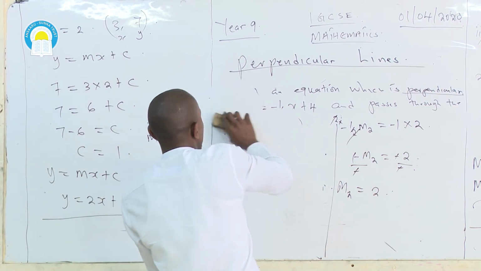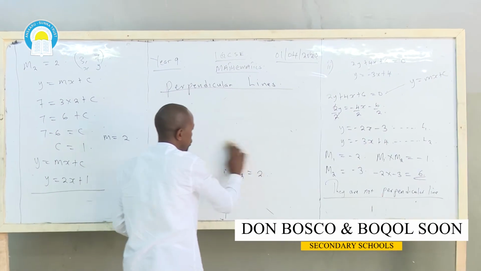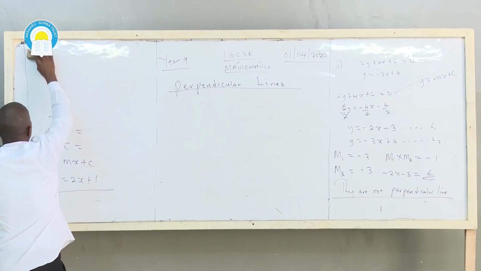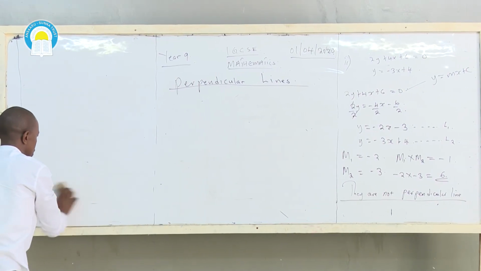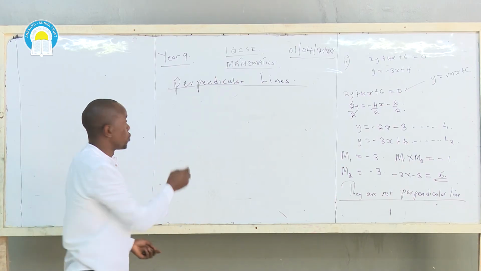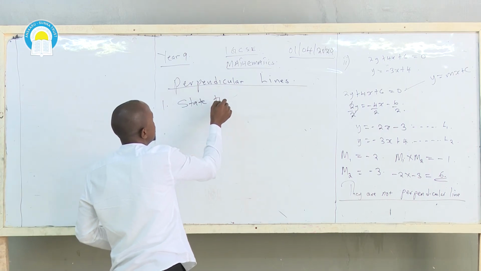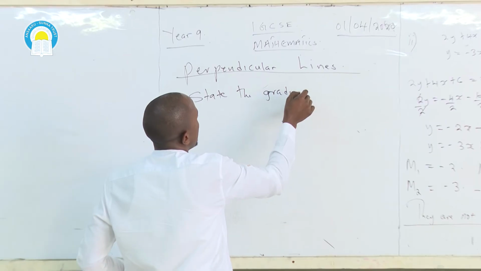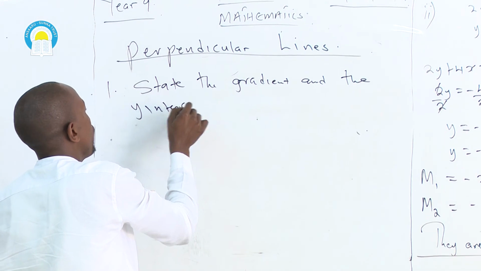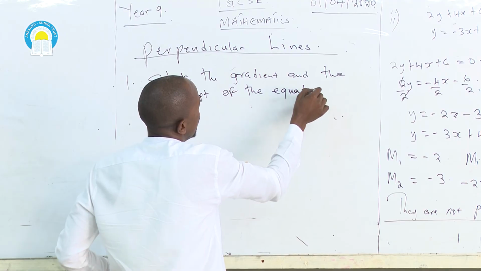But before I finish, I want to leave you with 3 questions, adding to the question I left earlier when we started. Now, this is your assignment. Question 1. State the gradient and the y-intercepts of the equations given below.